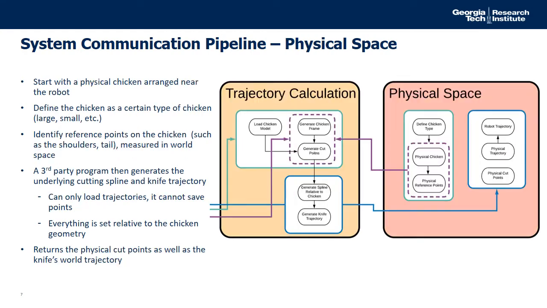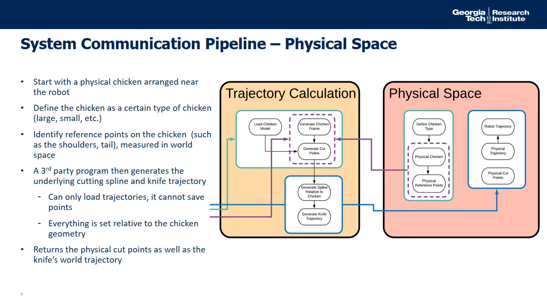Here we are looking at the interaction of the physical space with the trajectory calculation module. It is similar to the interaction with the virtual space. First, a physical chicken is arranged near the robot, and we identify the chicken as a certain type, say large or small, as previously. We then identify reference points on the chicken, such as the shoulders or tail, using the robot end effector to do that.